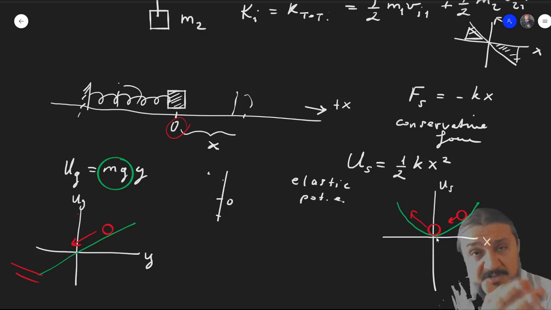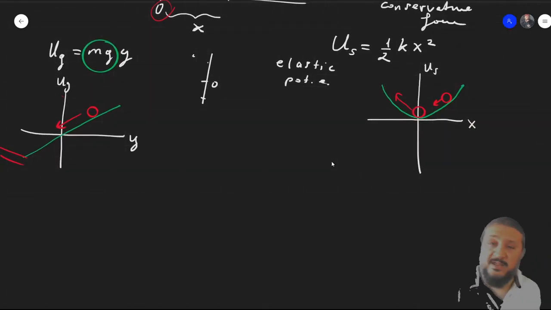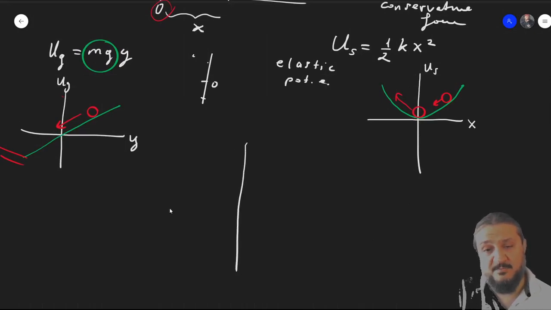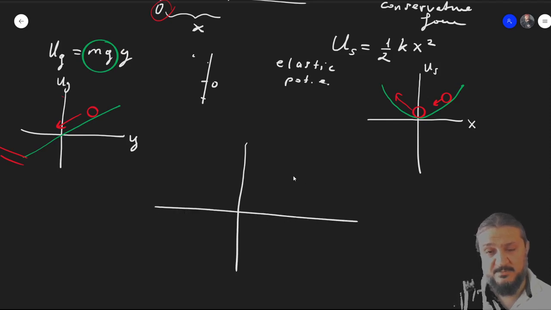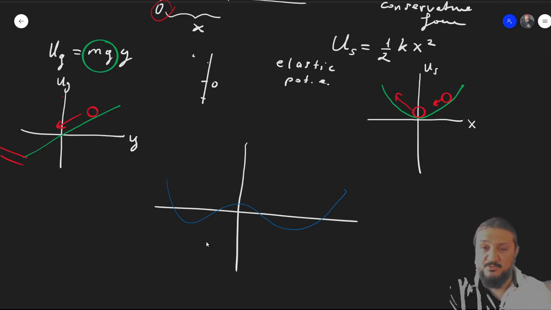So that's a very good picture. In general, now I'm not talking about springs or gravity, but a hypothetical case in which someone said, okay, I have a potential energy that looks like this. Think of it in 3D maybe. It's like there are two wells and a peak here.